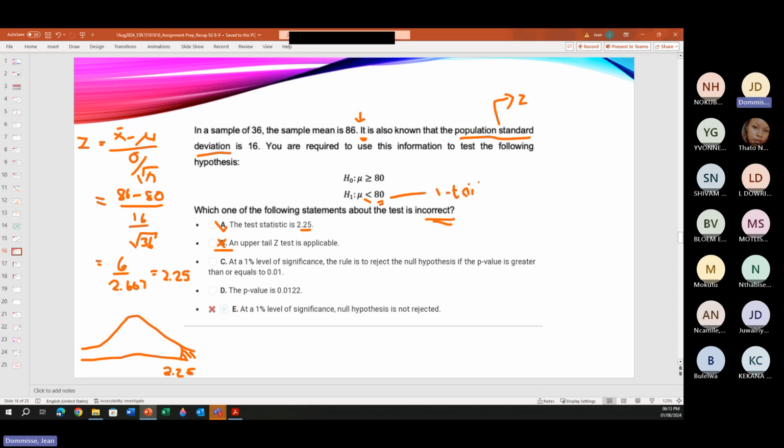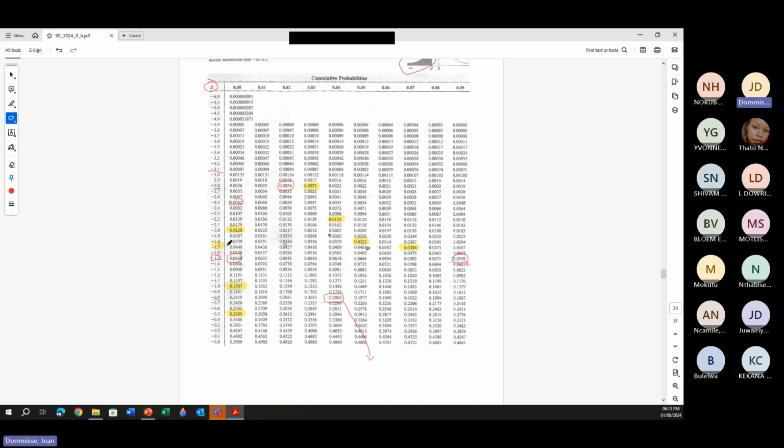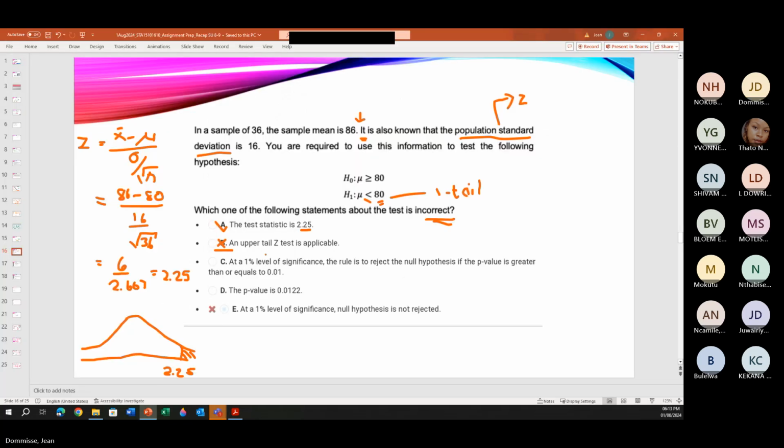So we could have actually said, okay, but we need to look only at the smaller side. So let's look at the p-value for 2,25. Again, I will go to the negative table. It's just easier. 2,25. So 0,0122.